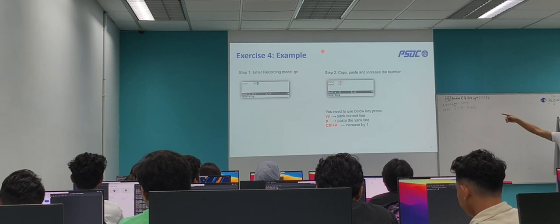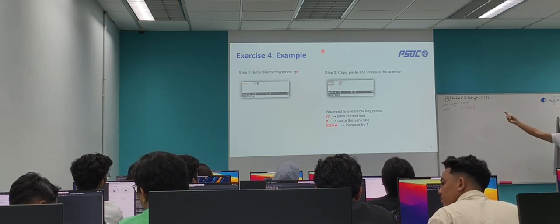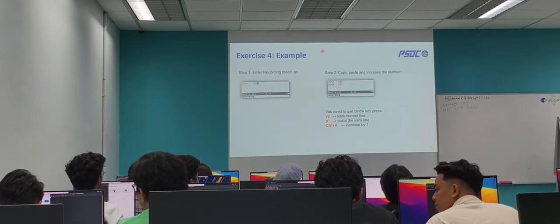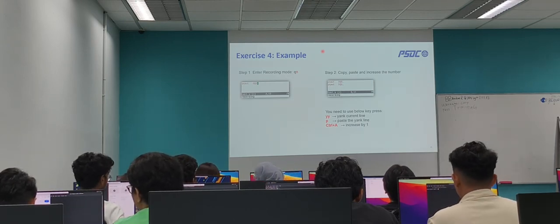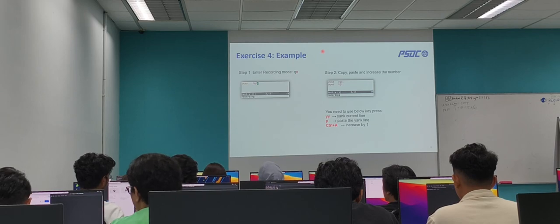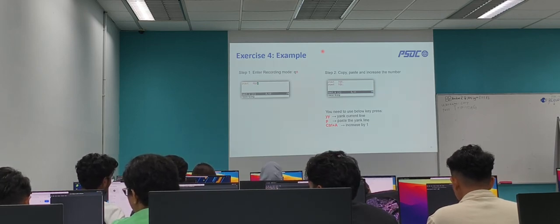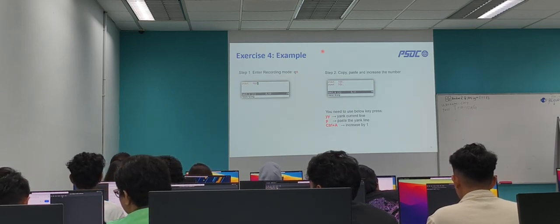Because I increase this, right? From DQ0, DQ1, say I have 256. You can type one by one, right? I have a much faster way for you to complete this, which is using the recording mode.